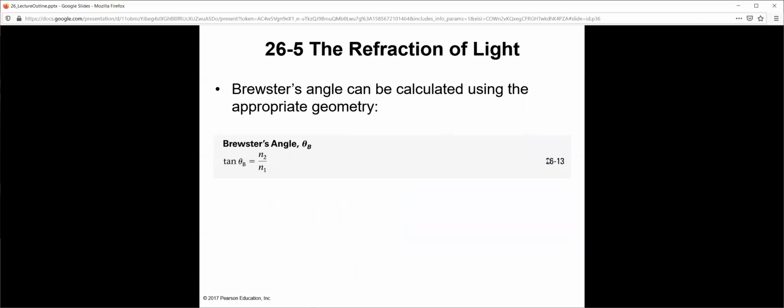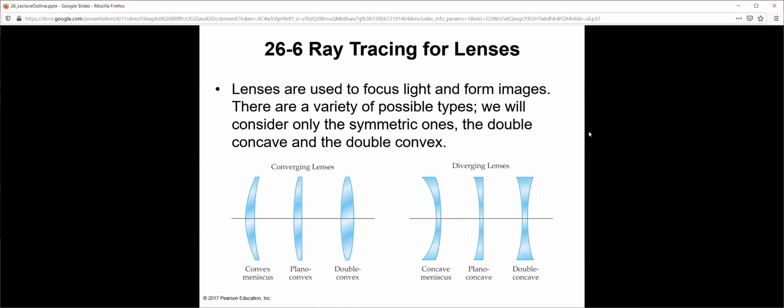Pretty cool stuff. You can find Brewster's angle by taking the tangent of the ratio of the indices of the materials you're talking about. I'm sure it's useful. I don't personally know what it's useful for in the real world, but math is fun.